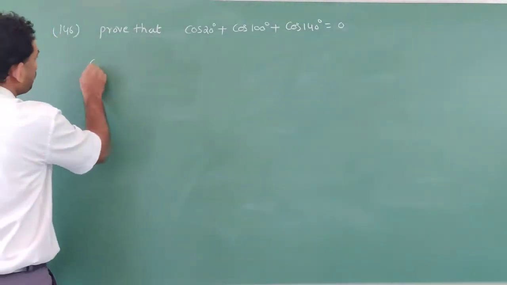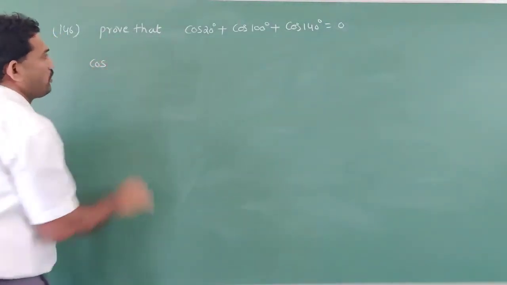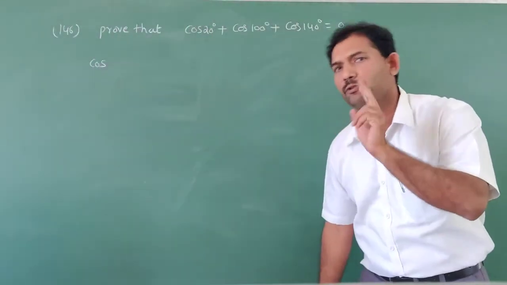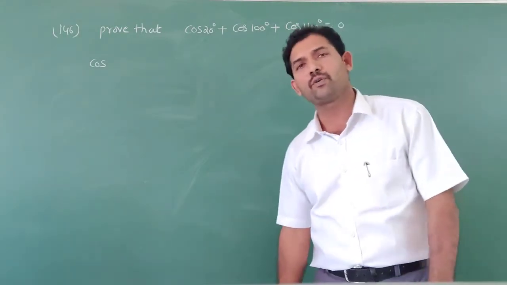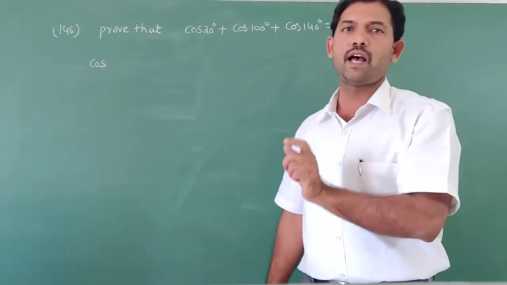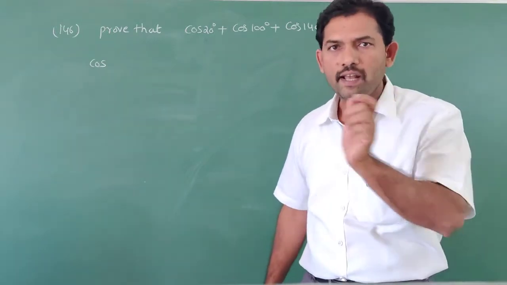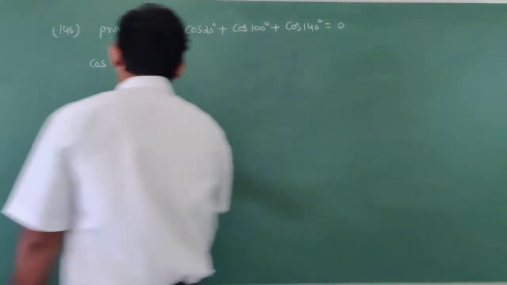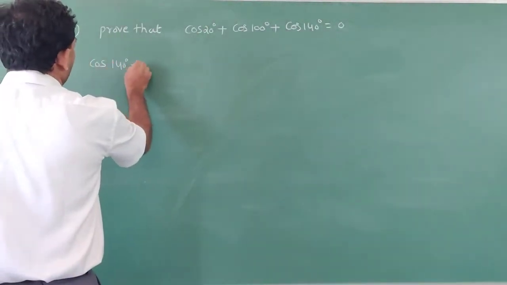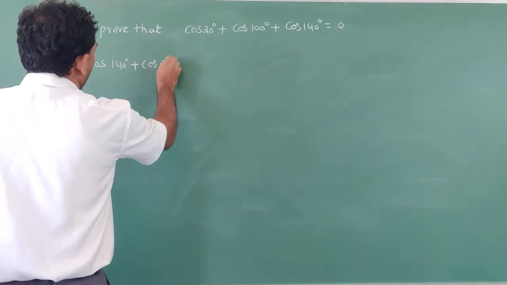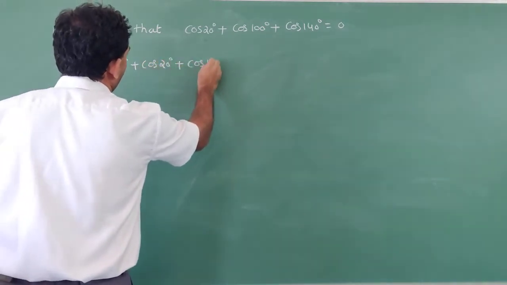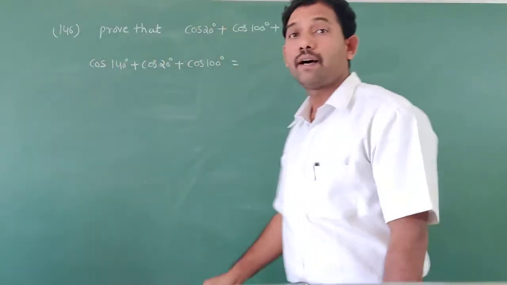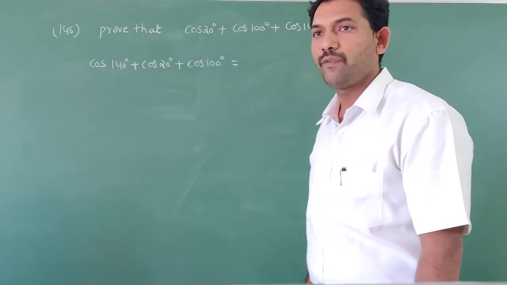So here 20 degrees, 100 degrees, and 140 degrees are given. You take any two as a pair. Any two pair means you follow least angle, highest angle, and take one pair. So cos 140 degrees plus cos 20 degrees plus cos 100 degrees. These first two I consider one pair. Now apply the cos x plus cos y formula.